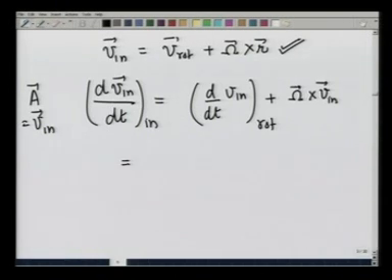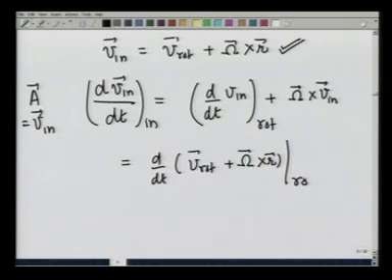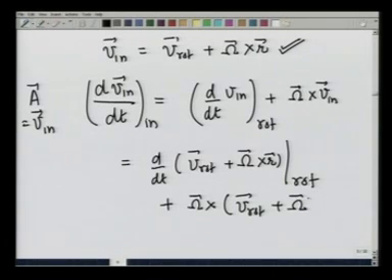Substituting this, we get d by dt of v rotating frame plus omega cross r as calculated in the rotating frame, plus omega cross v in the inertial frame, which is v in the rotating frame plus omega cross r.